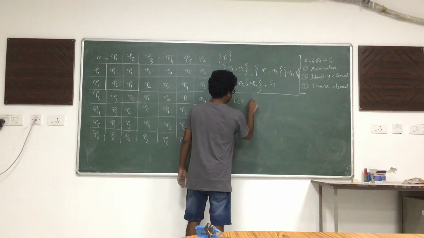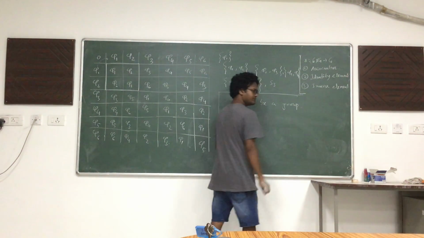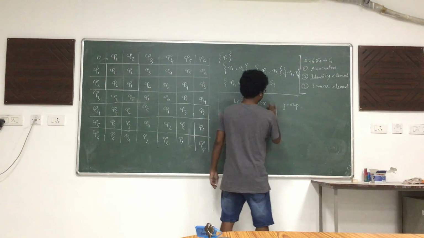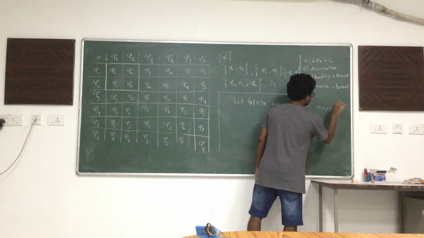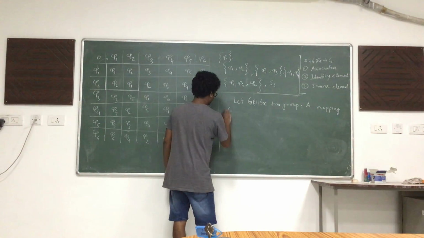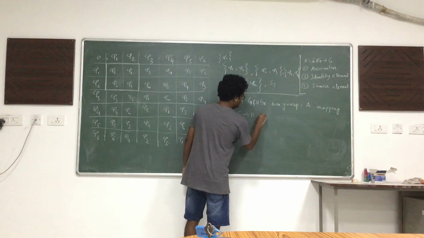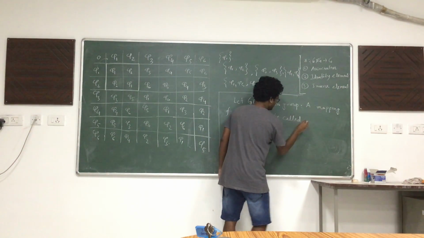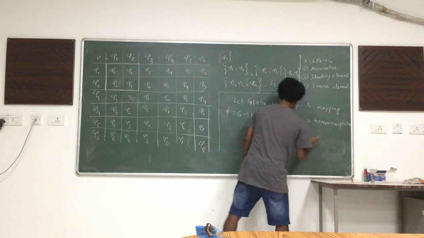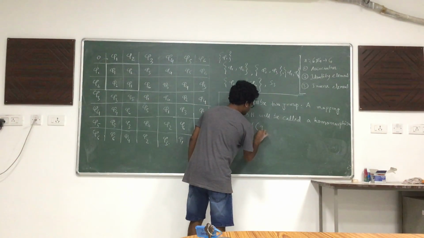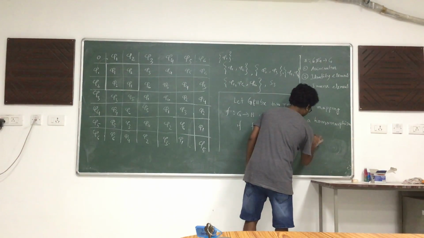So let G and H be 2 groups, and a mapping rho, let's say f, from G into H will be called a homomorphism if f of g1 star g2 is equal to f of g1 and f of g2.